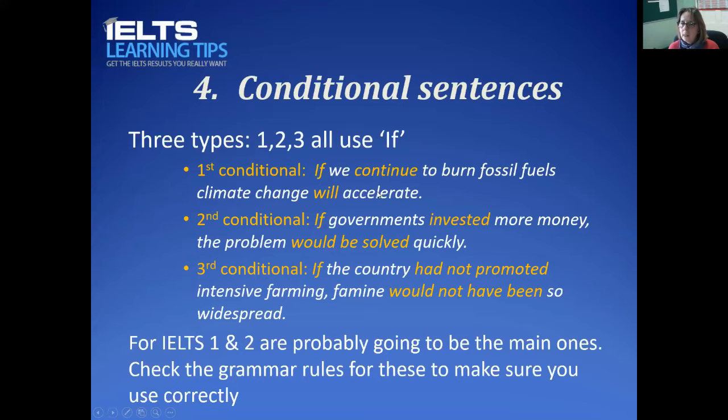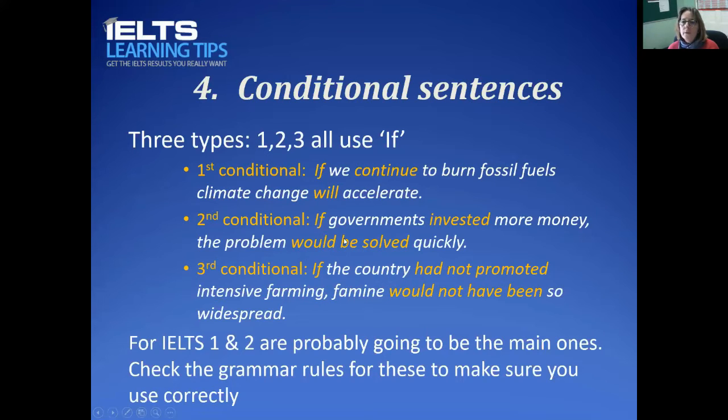So that's basically the grammar. If plus present tense plus will plus infinitive. And this is to talk about situations that do change or don't change. Here it's something that won't change, and therefore there's going to be a problem caused by it.